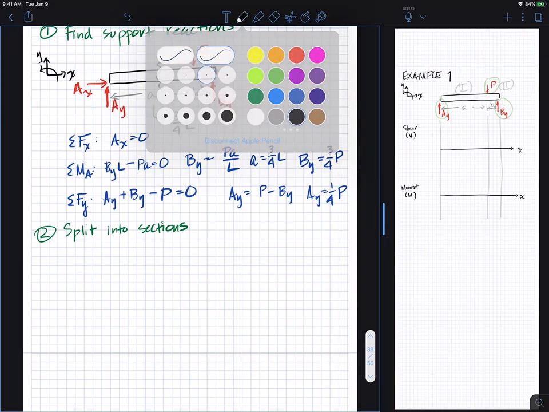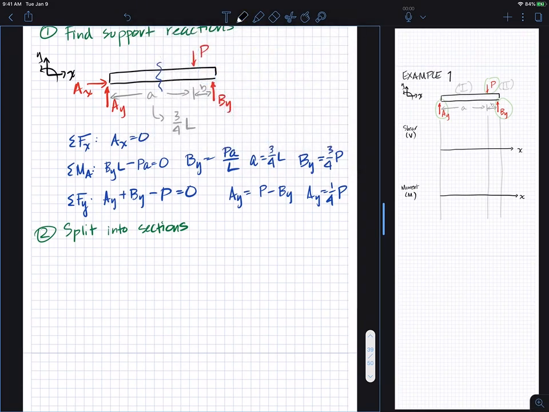So I'll draw that free body diagram. This is valid for x going from 0 to a. Set that up, apply all of our loads. Ay balanced by the internal forces and shear coming down, and then we have a moment.